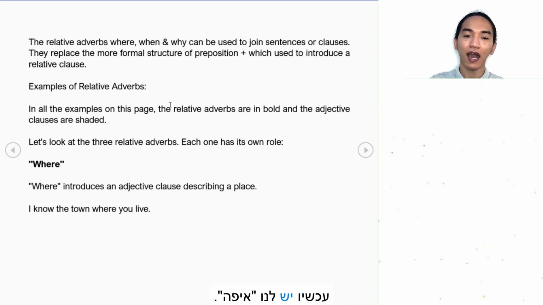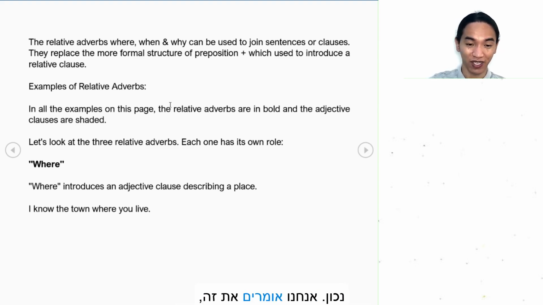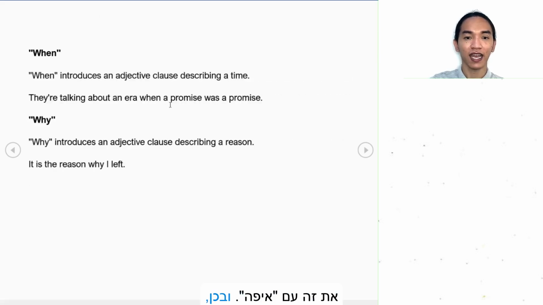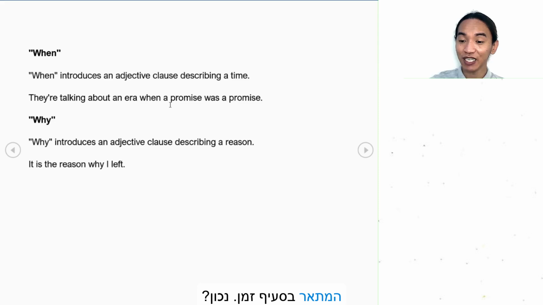Now we have where. Where introduces an adjective clause describing a place. I know the town where you live. I know the town in which you live. We say that, but we can replace it with where. We also use when to introduce an adjective clause describing a time.